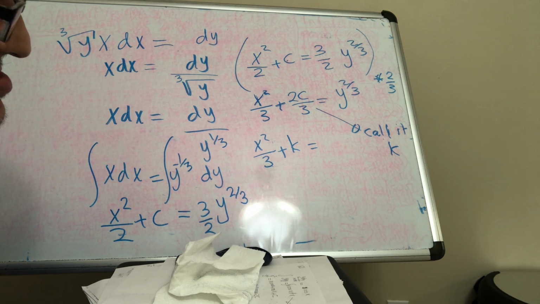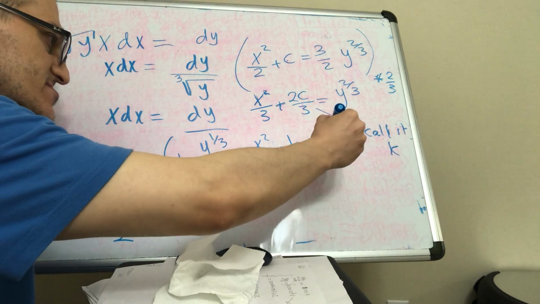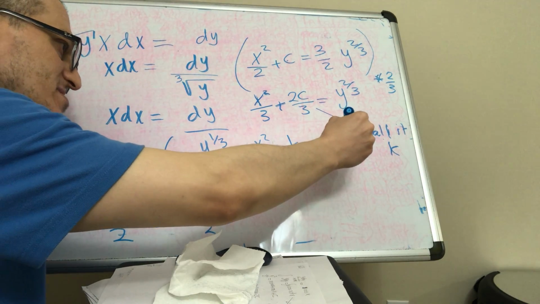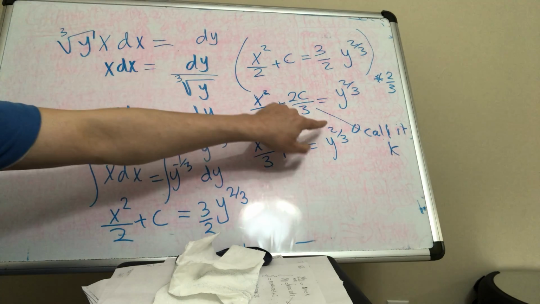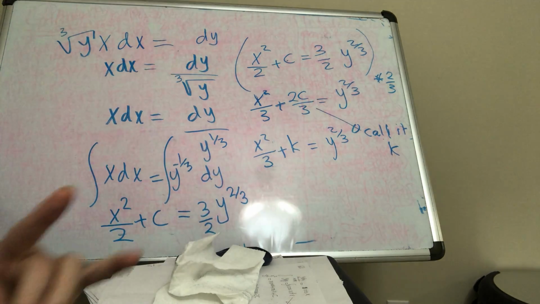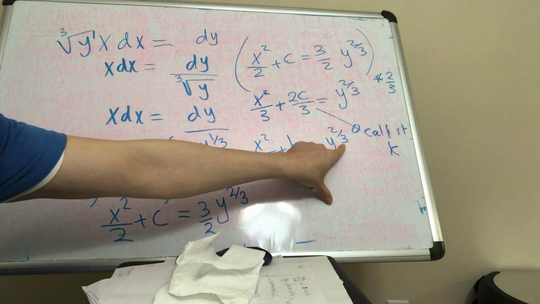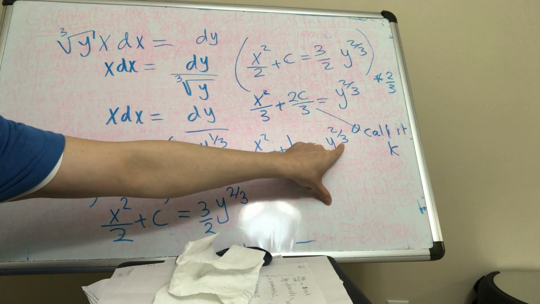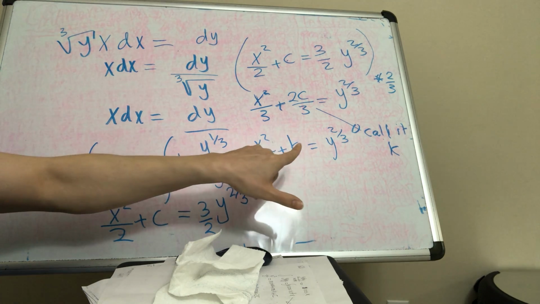Now, in order to understand how we can get rid of this, when you have an exponent like this as a fraction, and listen carefully, get rid of the bottom one first. So I'm going to get rid of the 3. To get rid of the 3, I'm going to cube both sides.